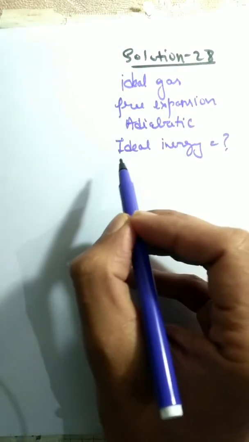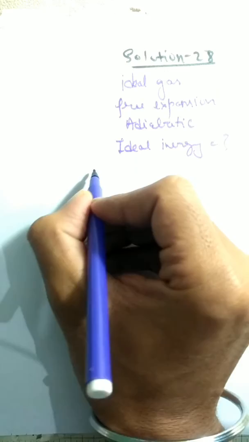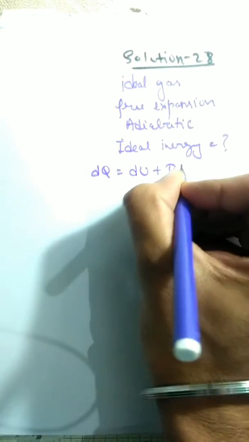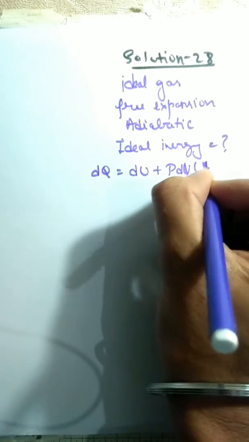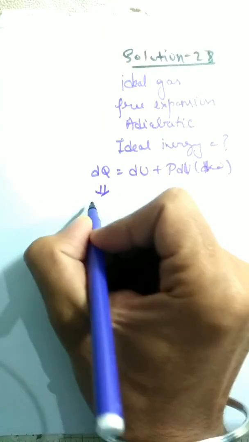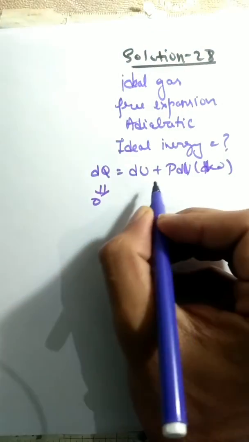If we apply the first law of thermodynamics to this, that is dq equals du plus p dv, where p dv is the work done. Since the process is adiabatic, no heat will be transferred, so dq will be 0.